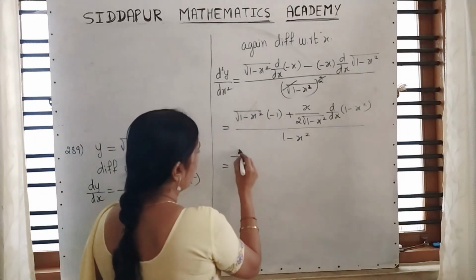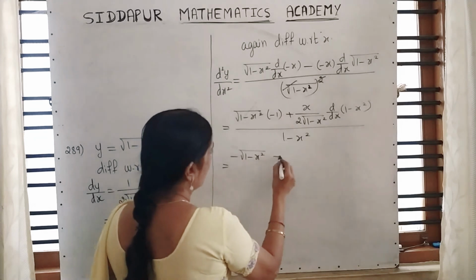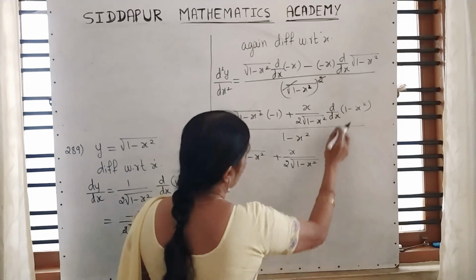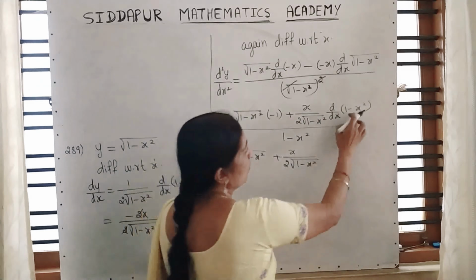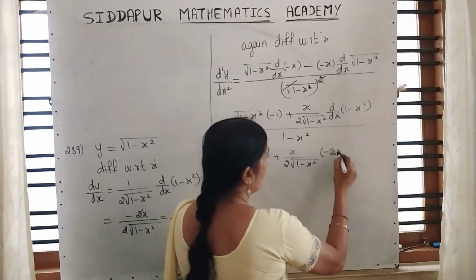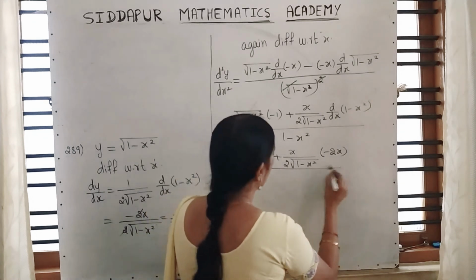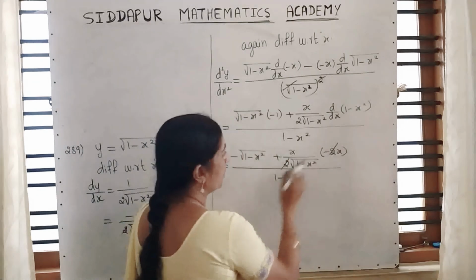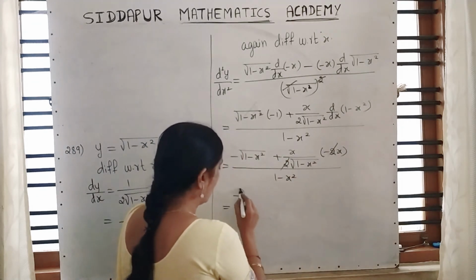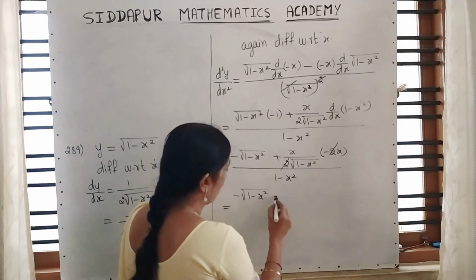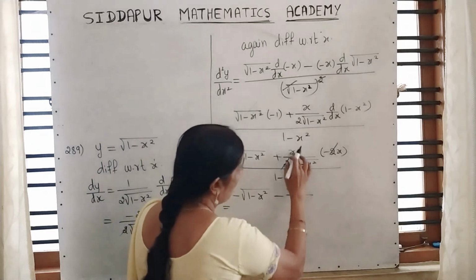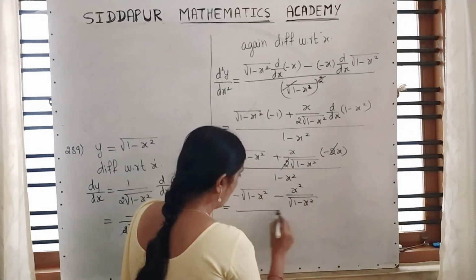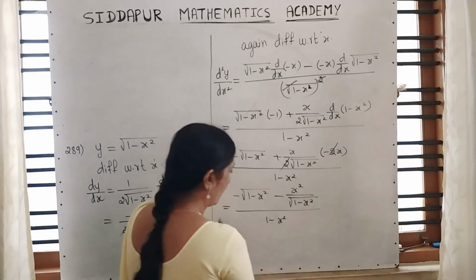So this is minus root 1 minus x square plus x upon 2 root 1 minus x square. Differentiation of 1 is 0. Differentiation of minus x square is minus 2x upon 1 minus x square. 2 and 2 get cancelled. Plus into minus is minus. Minus root 1 minus x square minus x square, x into x, x square upon root of 1 minus x square, whole divided by 1 minus x square.